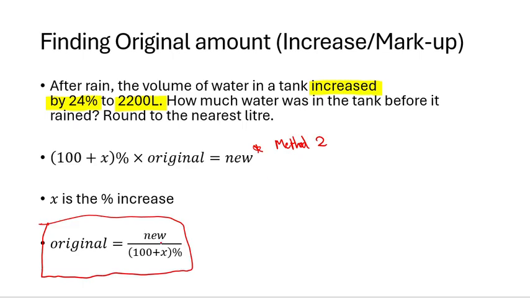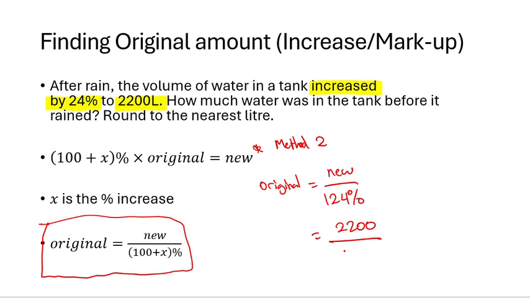So let's just figure out what the percentage is after I add X. So it'll be original equals new over 124%. Because we're trying to find what the original value is, we're given the new value based on our question, which is 2200.